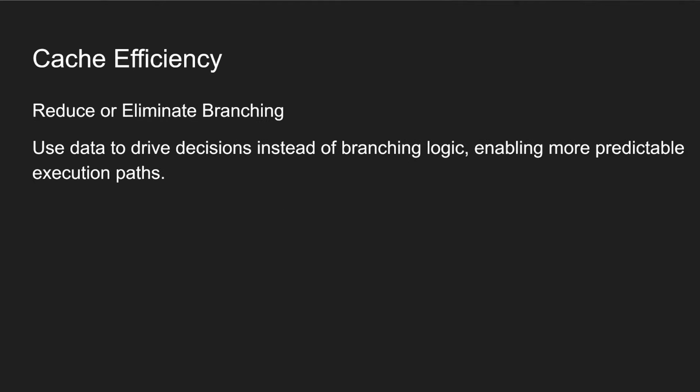The next thing is to reduce or eliminate branching. And the thing is, having an if statement that happens very rarely, for example, something that can happen maybe once every few hours or something like this, it shouldn't really matter. Of course, it depends, but we shouldn't really care about it, and it can stay.